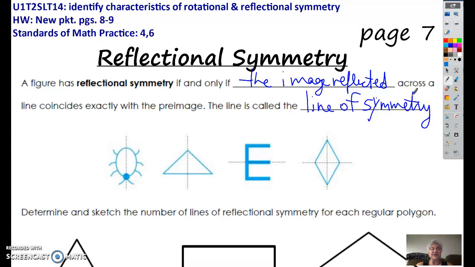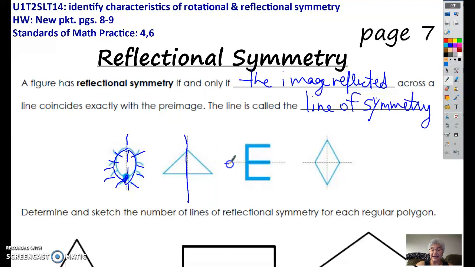And in each of these pictures with the dotted line, you can see that line of symmetry. The line that divides our figure in half, so it's almost like a mirror where one half of the picture looks exactly like the other half of the picture. Same with our triangle.